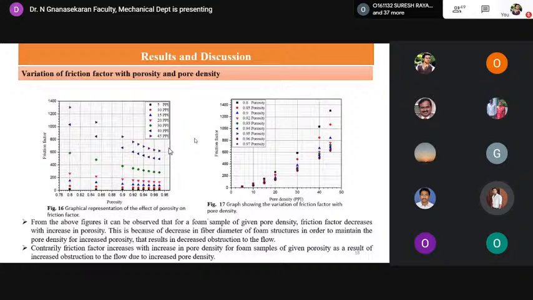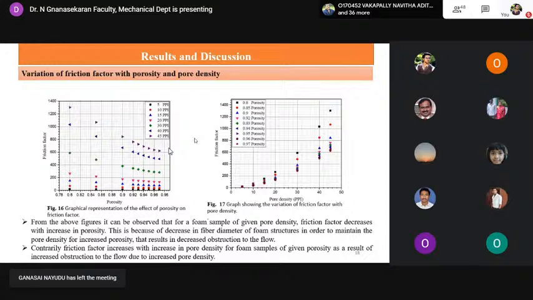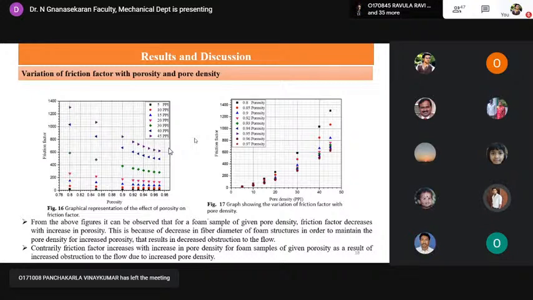Now, when we saw the heat transfer coefficient, we saw an increasing trend. On the other hand, if we consider the friction factor, it shows a different trend with respect to porosity and pore density. The friction factor decreases with the increase in porosity, but the 40 ppi case shows a higher friction factor, while the 5 ppi case shows a lesser friction factor.